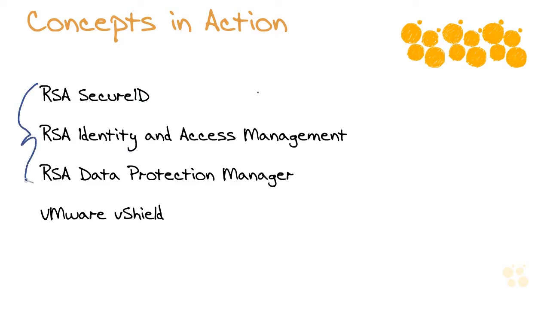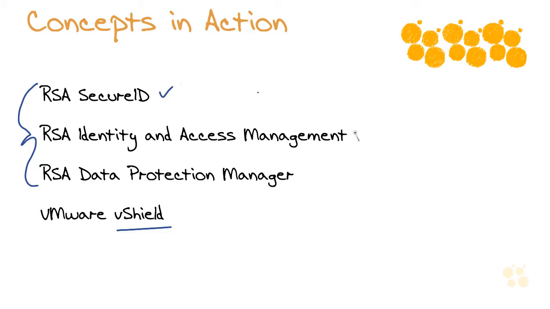Now, as far as concepts and action go for this particular nugget, I want you to focus on two families of stuff. There's RSA, and then there is the vShield family from VMware. RSA includes things like RSA SecurID, which is two-factor authentication that provides an added layer of security to make sure that only valid users are going to get to our particular stuff.